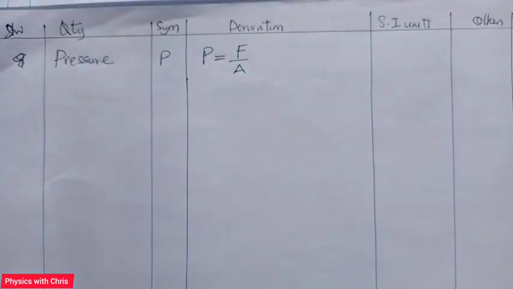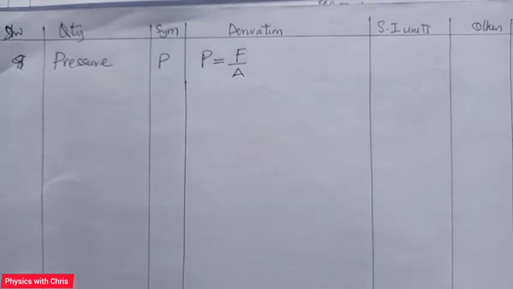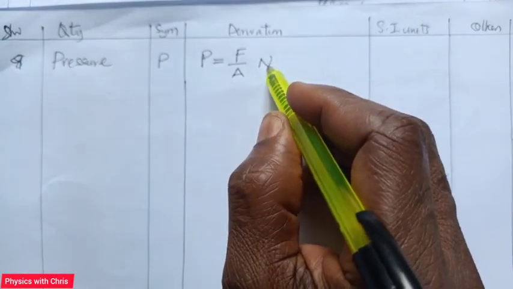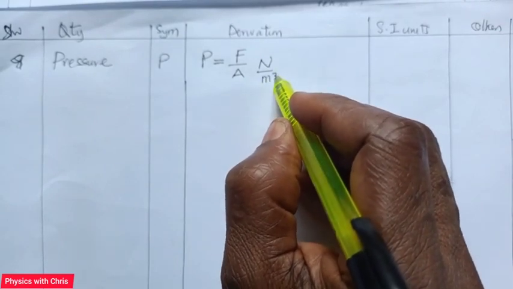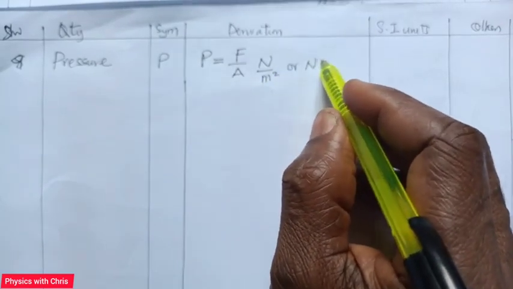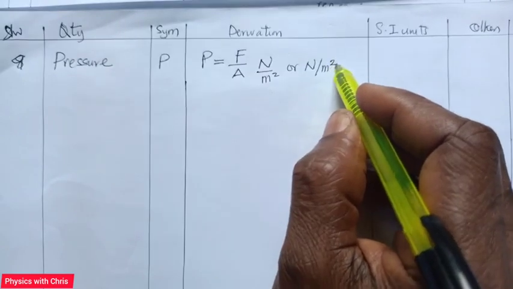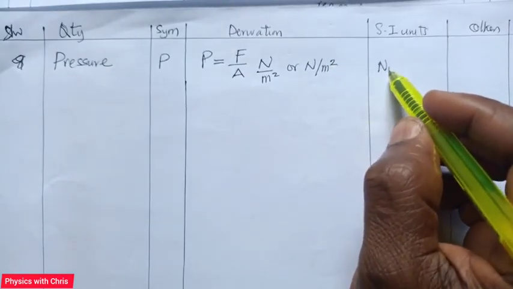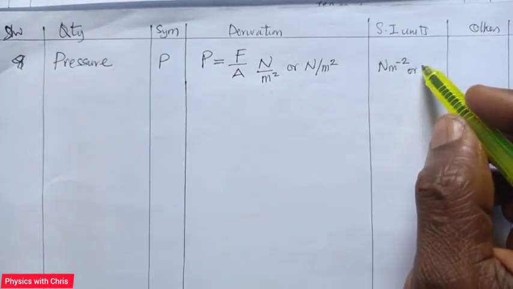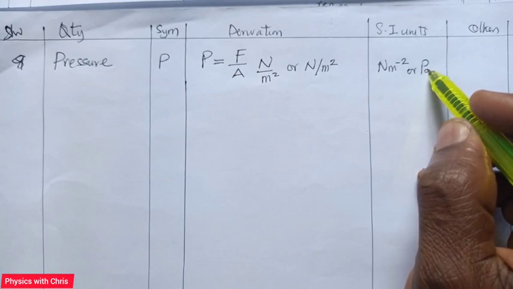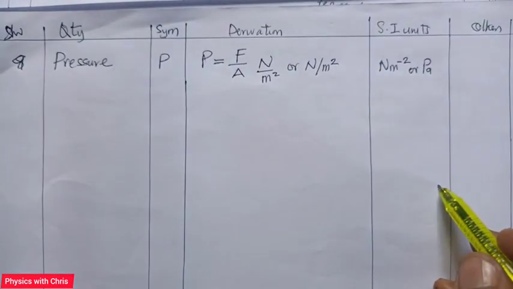With this definition, we can derive the SI units of pressure: Newton for force over meter squared for area. This is also written as Newton per meter squared, or Nm raised to the power minus 2, applying the rule of indices. We can also use Pascal to express pressure. Pascal is also accepted as the SI unit of pressure.